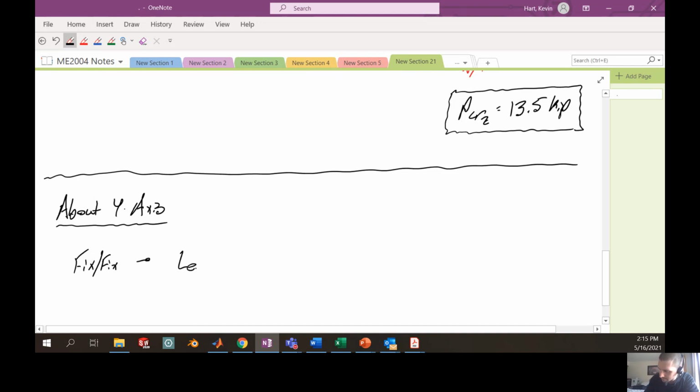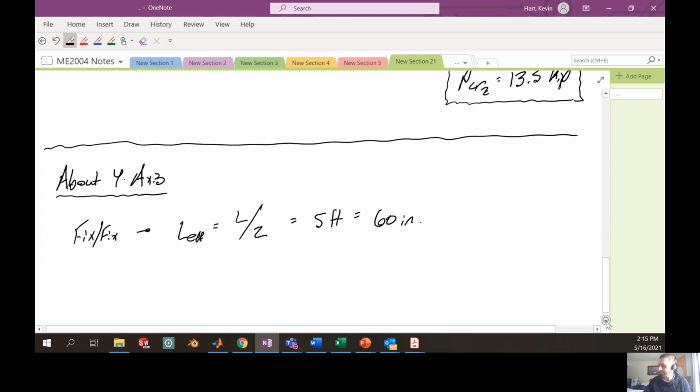That means your effective length is whatever the length is given for the column divided by 2. Here, this is going to be 5 feet, or if we convert to inches, 60 inches.